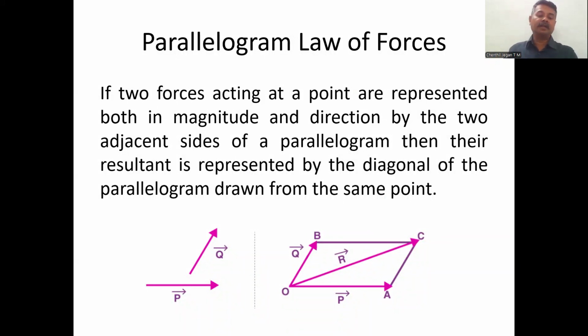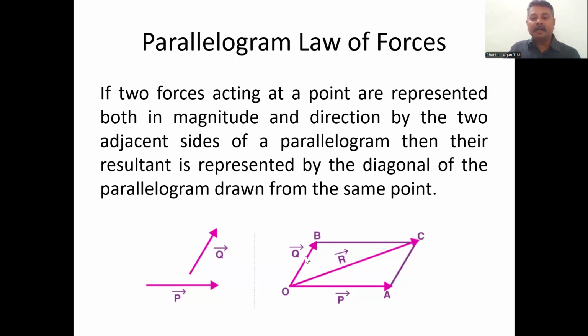Let us consider the P vector as well as the Q vector. As per the parallelogram law of forces, we fix both vectors at a common point called O, and the two vectors start from point O. So OA is represented by the P vector, and OB is represented by the Q vector.